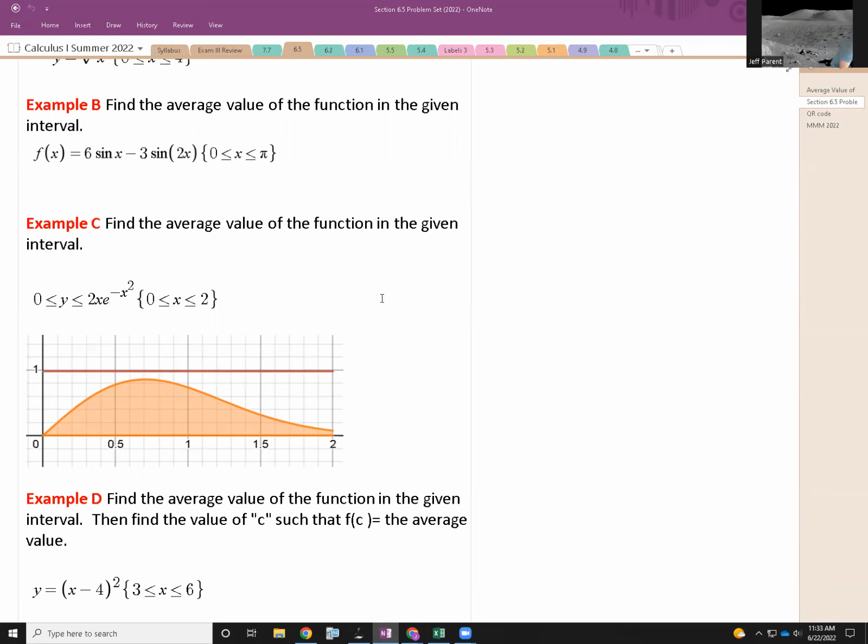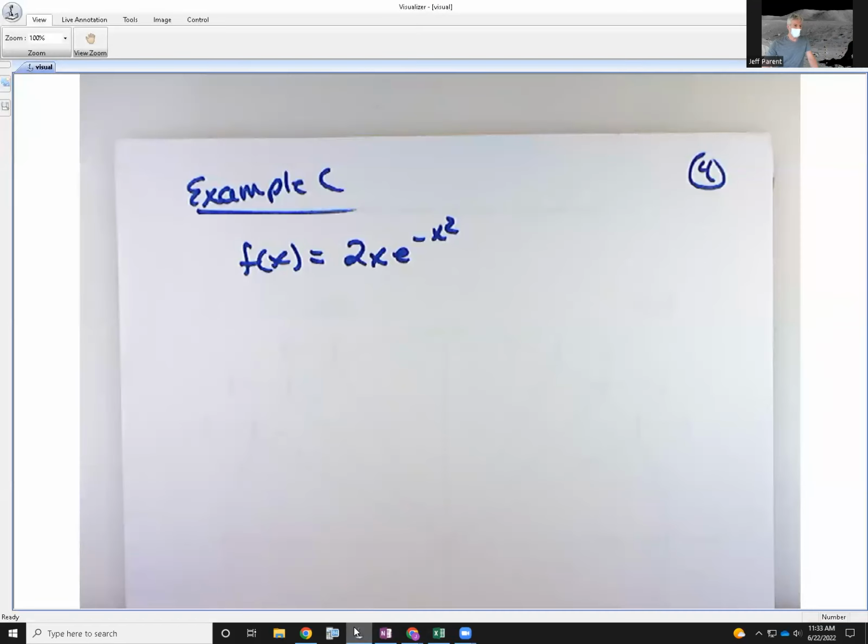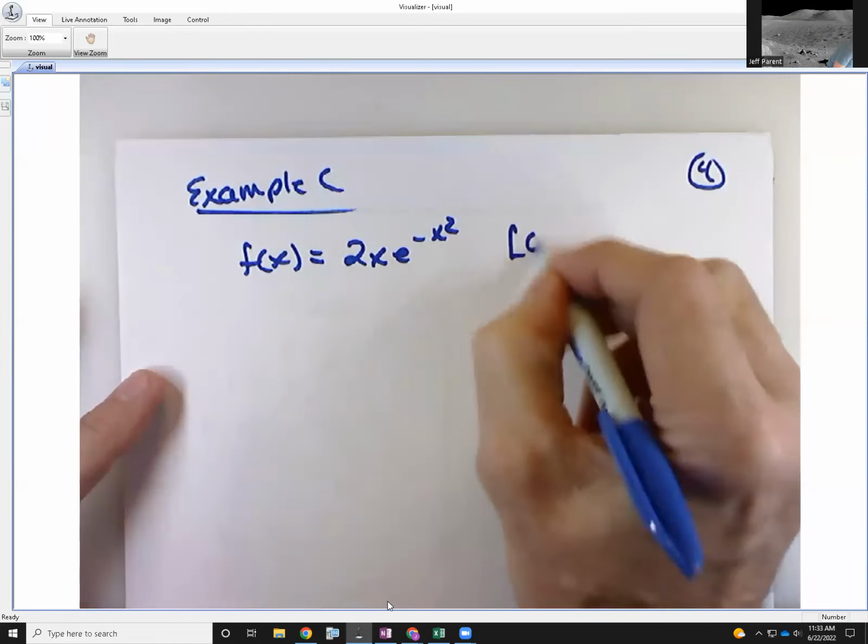F of x is 2x e to the negative x squared. And we want to look at this on the interval 0 to 2. Yep, 0 to 2. They're going to have to give you that interval.